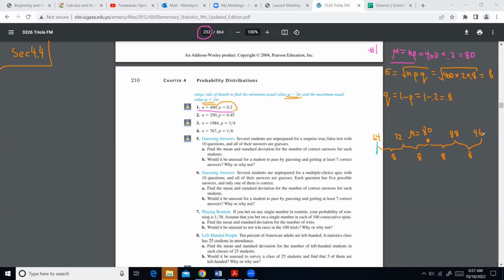So our ballpark for possible probabilities that people can calculate will be from 64 through 96, because those are reasonable numbers. If you have a 400 element sample, and the chance that you get a success is only 20%, well, 20% of 400 is 80.